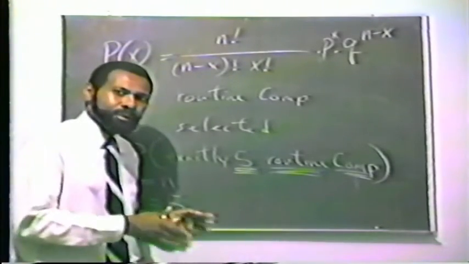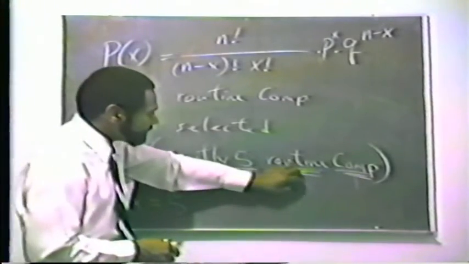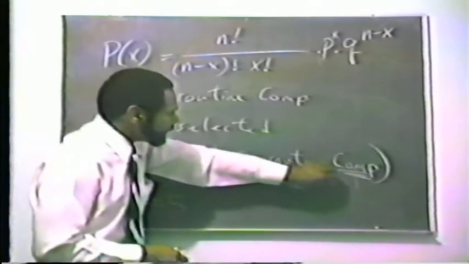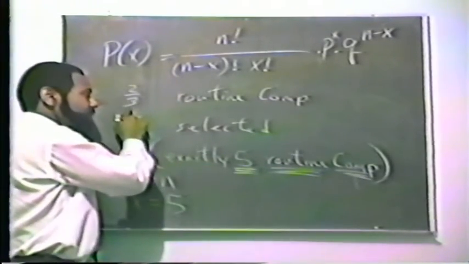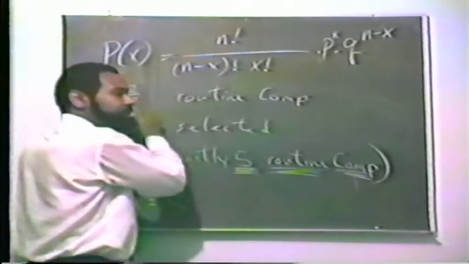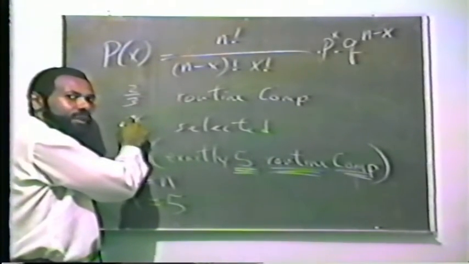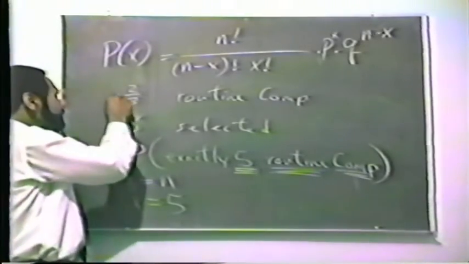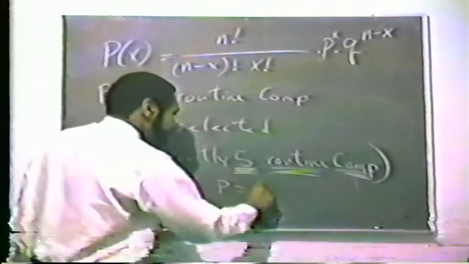Success in a different problem would mean something different. But here, success is getting a person that can do routine computations, and 2/3 of all Americans can do that. So this 2/3 represents little p. So little p equals 2/3.